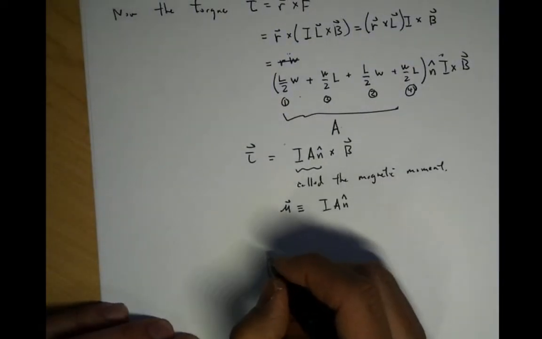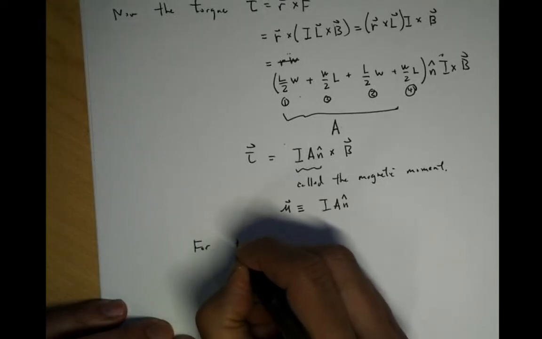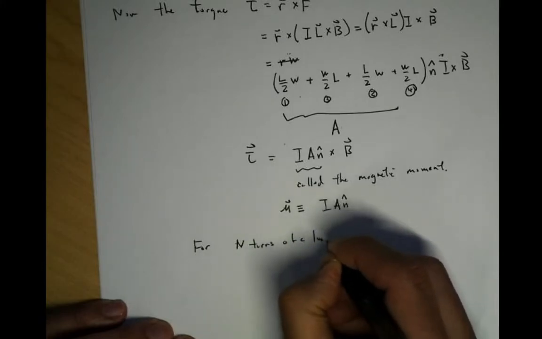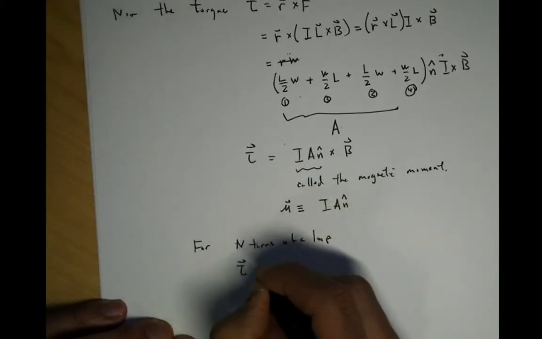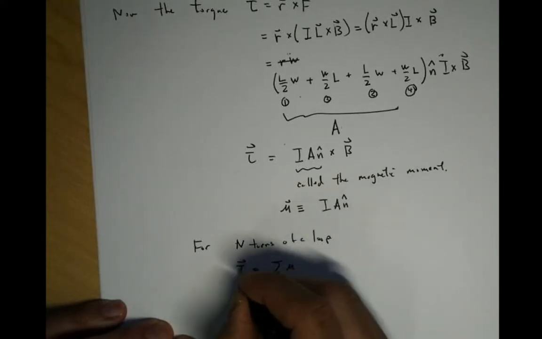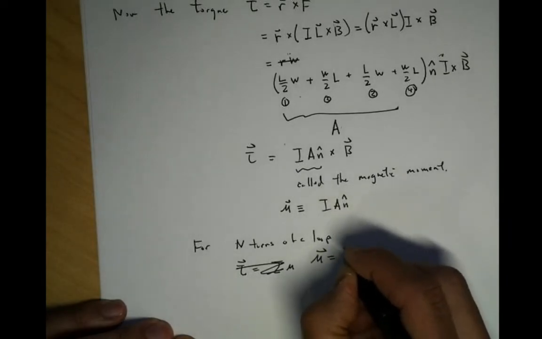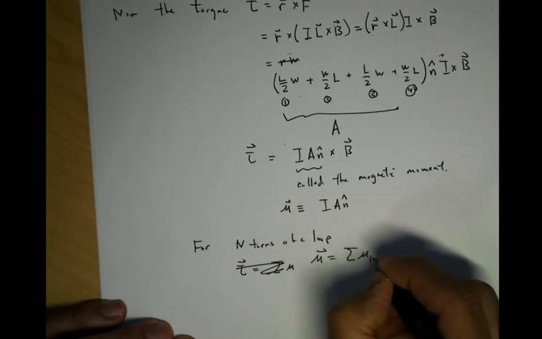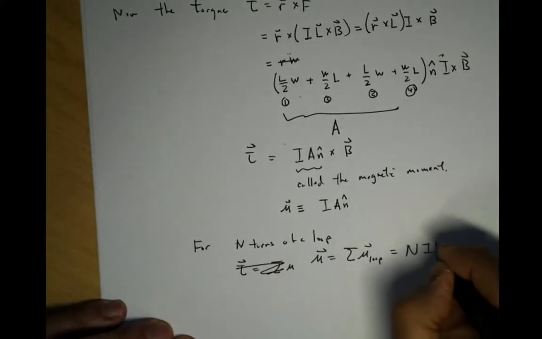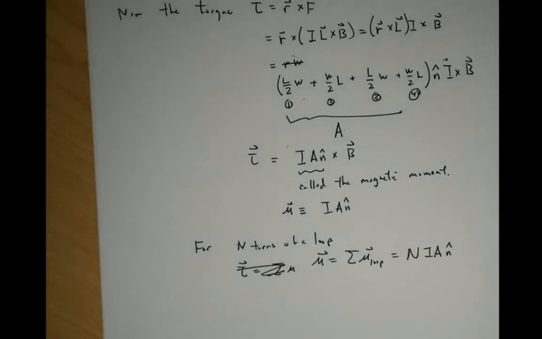And for n turns of a loop, tau is equal to the sum over each of the n turns of a loop, mu, which is the vector here, is equal to the sum of each mu for each loop, which in most cases is going to be n times I A n hat, for n turns. Okay.